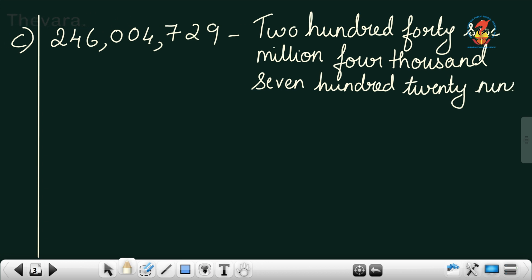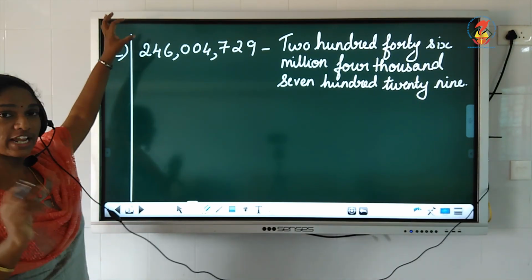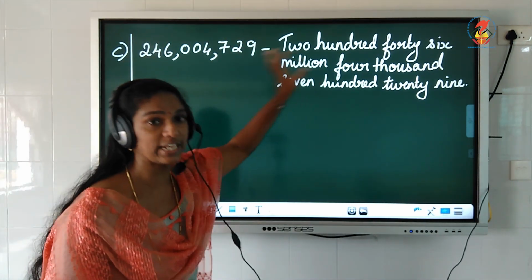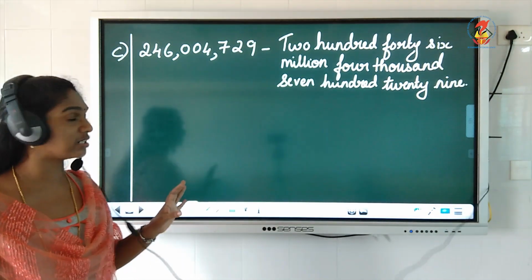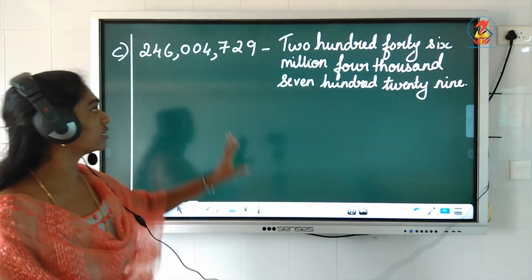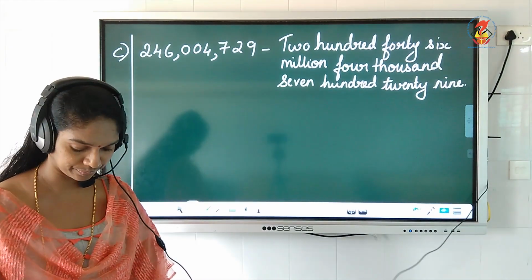Understood, children? So be careful. First you have to write according to the period. 246 million. Million has to be written. 4,000. Thousand has to be written. Then 729. Okay, children?